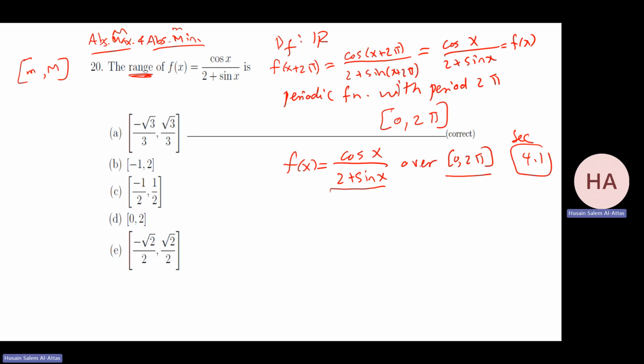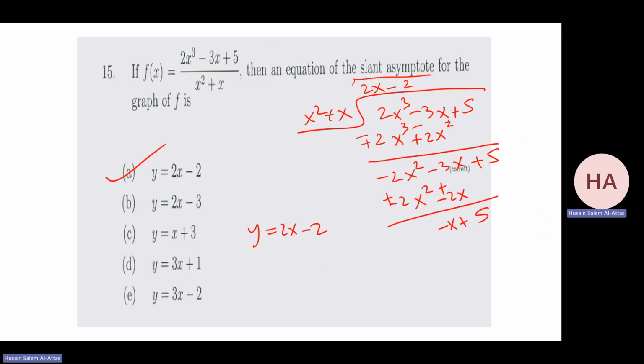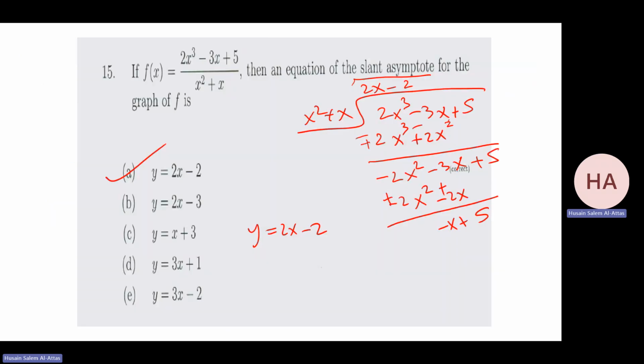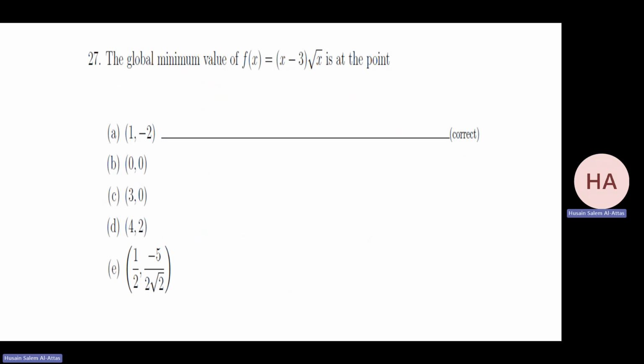Let me do it this way, because I think in class I did it the other way, where I graphed the function. Now, look, I cannot do the same here, because this is not periodic, so there is no closed interval. I cannot do it in this example, but I can do it in this one.